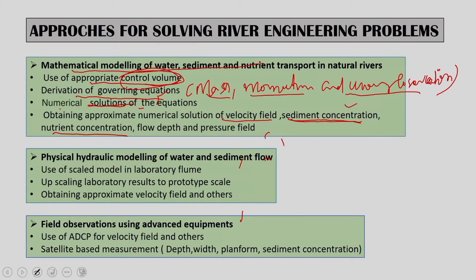Similarly, if I talk about nutrients, flow depth and the pressure field, basically we try to get these characteristics of the rivers in terms of hydrodynamics, and in terms of fluvial processes, meaning sediment, nutrients and energy dissipation. We look at all these components after conducting numerical solutions of these governing equations, which are the mass, momentum and energy equations that we most often follow in fluid mechanics problems.